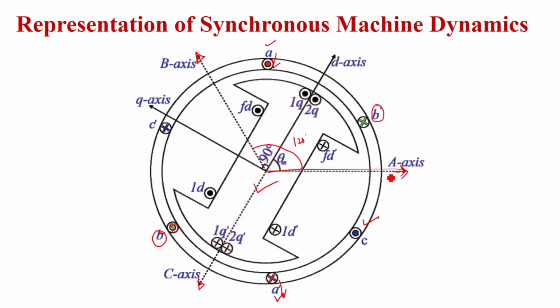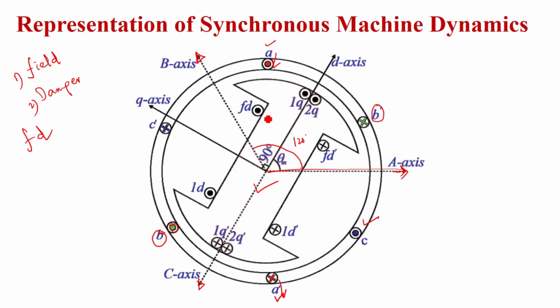Now we saw the magnetic axes for phase A, phase B, and phase C. Now we'll find the axis for the field winding. We have many field windings here because, as I told previously, we have the main field winding and also the damper winding. The field winding is represented by FD, you can see here FD and FD dash.